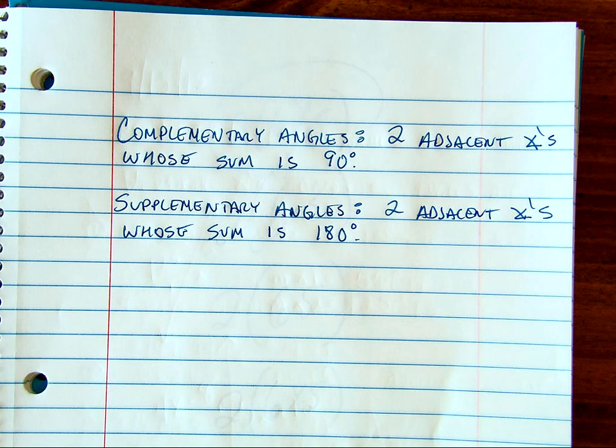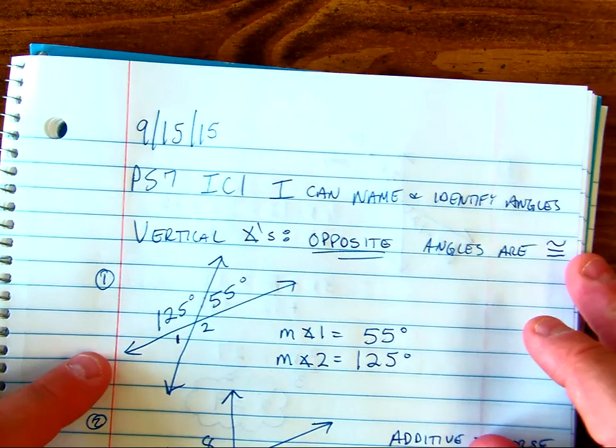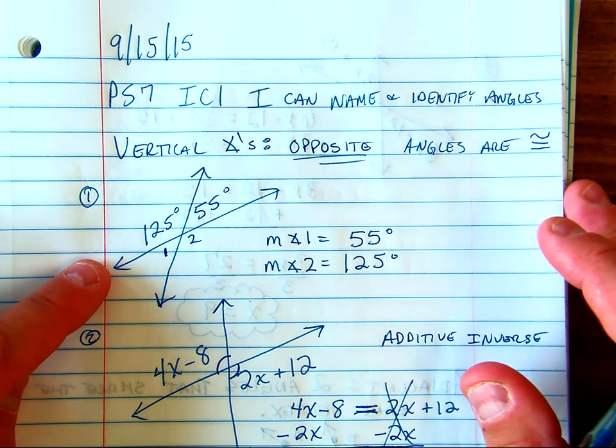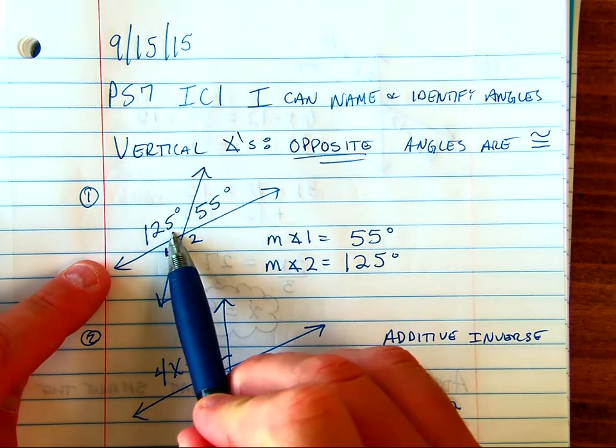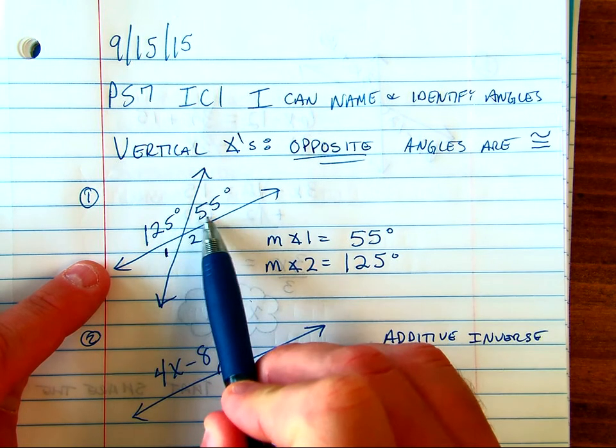In fact, today, we talked about supplementary angles. Let me show you. I asked at the beginning of class, Destiny, what's special about these two angles? And what did she say? Well, Mr. Meeks, they add up to 180 degrees.